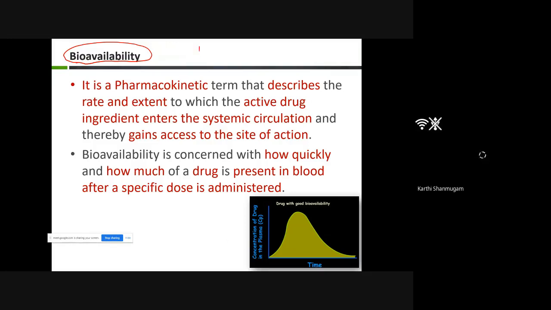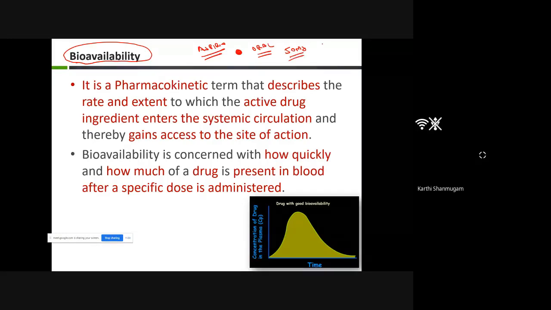Say for example, let's take a simple example, aspirin, because it's a very commonly used drug molecule. The route of administration of aspirin is oral. So for example, you are taking 50 mg of aspirin as an oral drug molecule.